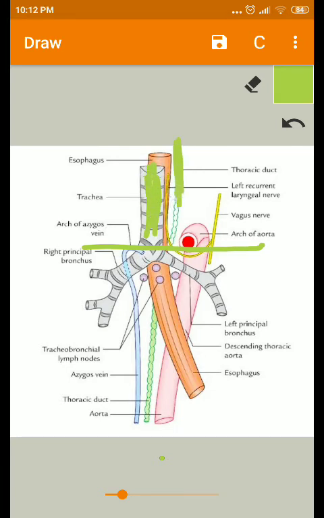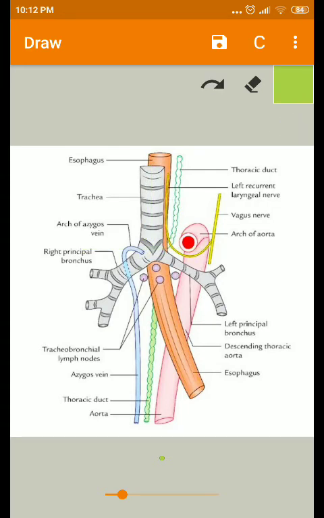These form some spaces in the neck, and some of the infections of these areas may spread to the superior mediastinum as well as the anterior mediastinum. Now we will see the posterior mediastinum.